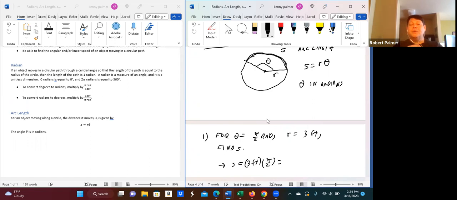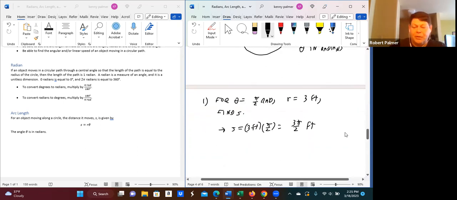Okay, and also our arc length has the same units as the radius. So if the radius is in feet, for example, arc length would be in feet. If the radius is in meters, arc length would be in meters, and so forth. Okay, and so now if we just multiply this straight across, this is 3 pi over 2 feet, which is exact, but not all that useful.